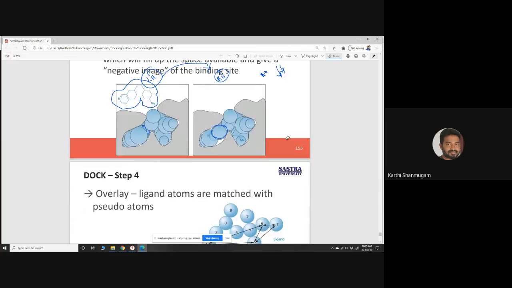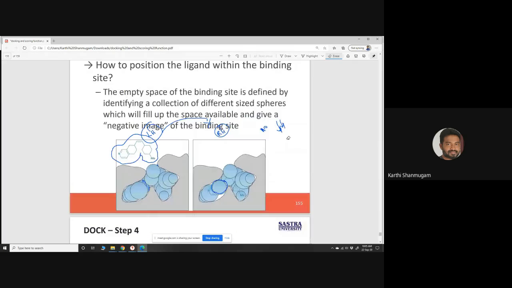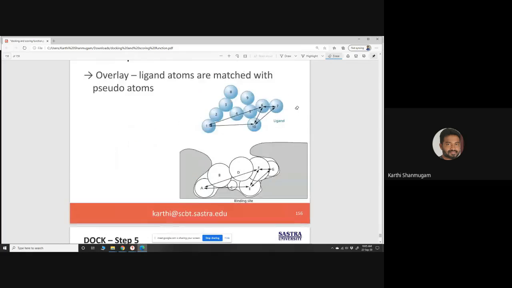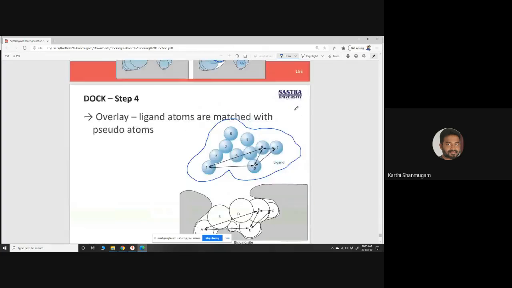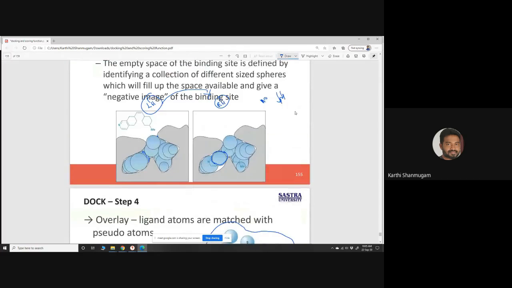This ligand molecule is now converted into pseudo atoms. So normally, how do we represent the ligand molecule? How is the ligand molecule represented in this image? Can I say it is represented as lines? You know the different types of representation.